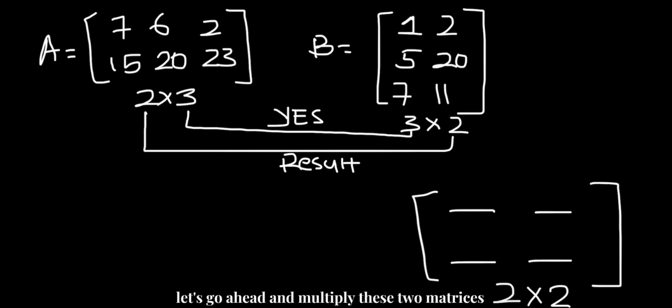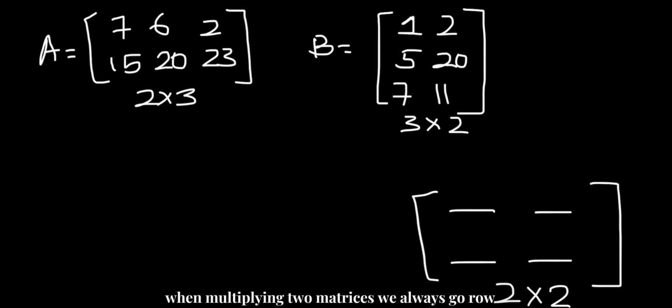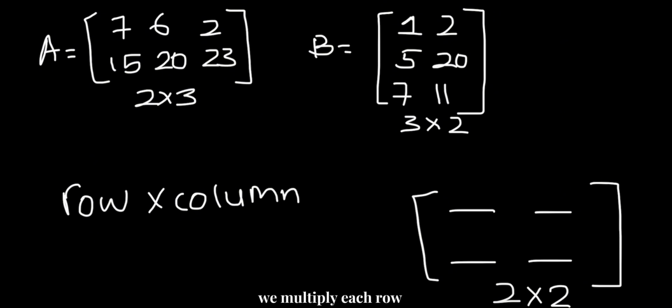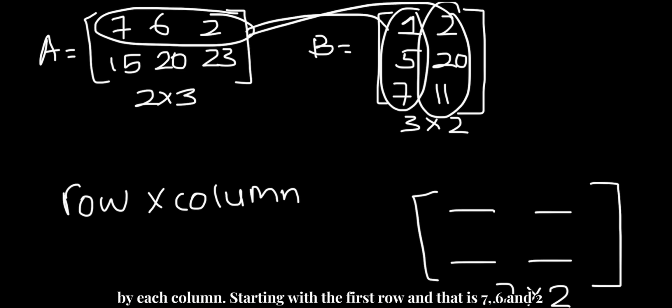Let's go ahead and multiply these two matrices. When multiplying two matrices, we always go row by column. We multiply each row by each column.